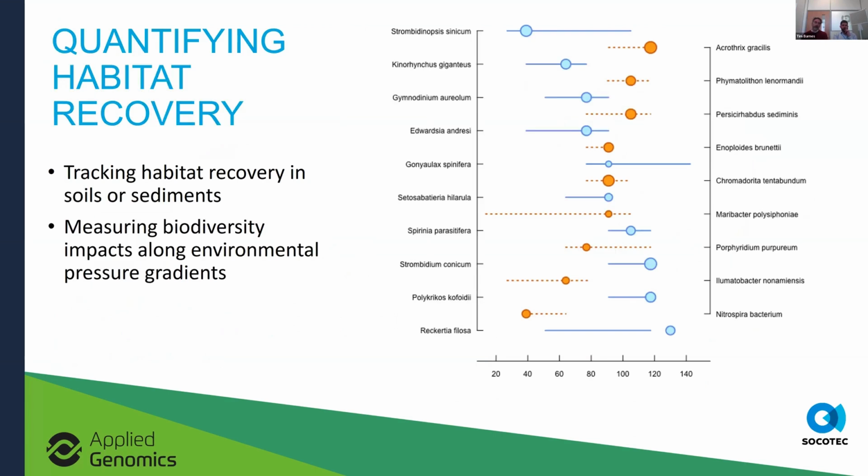As an example for the soils, the gradient that you can see along the x-axis there is, pick your favorite thing that you're measuring, concentrations of metals or whatever it would be, and then we can assess what the biodiversity responses are in relation to changes in those concentrations in the soil sample.